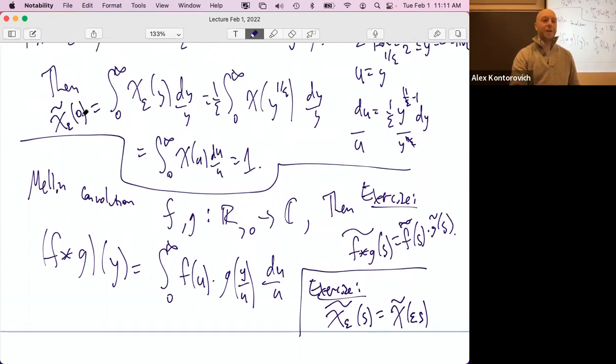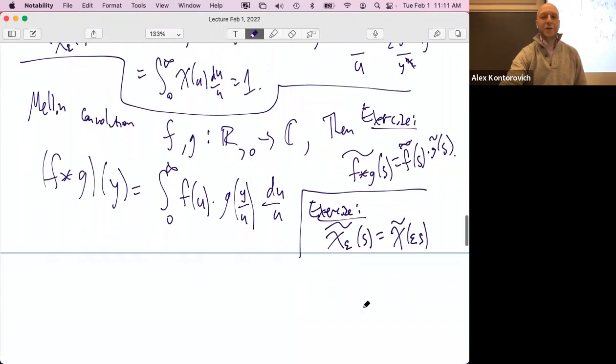Because what is the Mellin transform? You take chi epsilon of y, multiply by y to the s, and integrate dy over y. So when s is equal to 0, I get y to the 0. Okay, so this calculation that we did is actually a special case of the more general exercise.